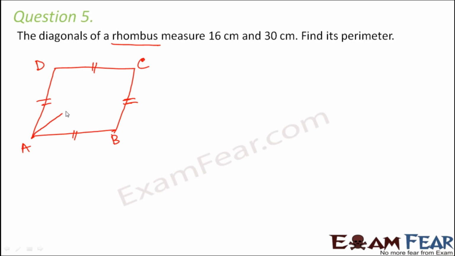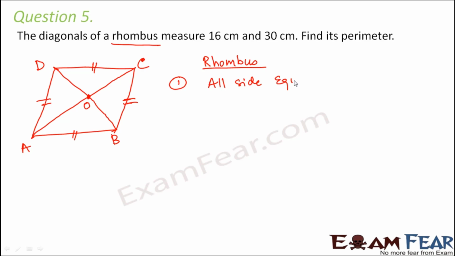Now in this question, the diagonals of the rhombus are given. So these are the two diagonals of the rhombus, and let's say that the diagonals bisect each other at point O. Now when we talk about a rhombus, there are a few important properties. The first property is that all sides are equal.